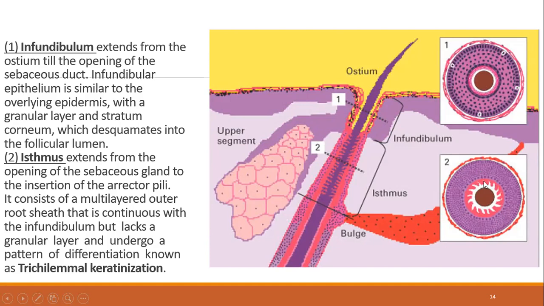So this keratinization is homogeneous in contrast to the lamellar keratinization of the epithelium or epidermis. That is why the cysts which are formed in the region of the isthmus, which are called pilar cysts, will have this homogeneous trichilemmal keratinization, and they would not have a granular layer as is seen in this cross section.